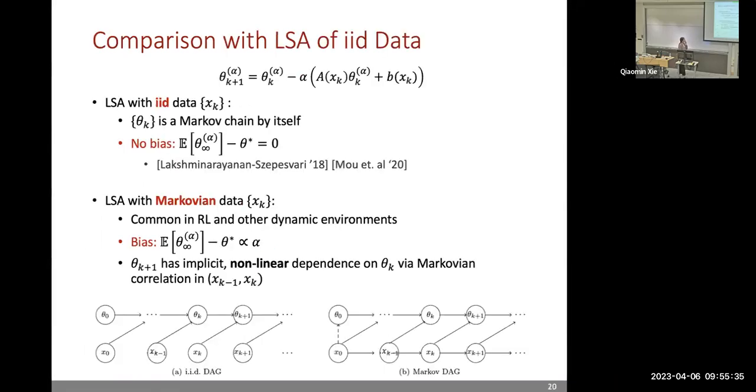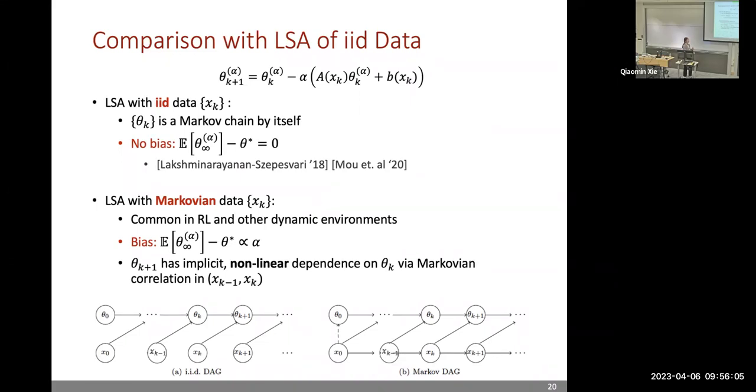Okay, so now let's compare the results against the setting when we use i.i.d. data. The plot on the left corresponds to the dependence graph if we have i.i.d. observations. In particular, here theta k+1 depends only linearly on the previous estimate theta k. And all the data here are i.i.d., so there's no cross dependence.